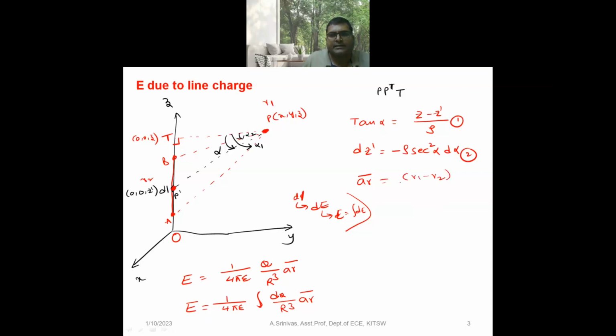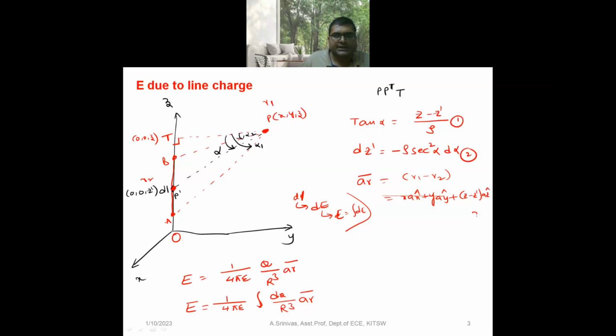This can be written as x ax plus y ay plus, here it is z and z dash, z minus z dash az cap.